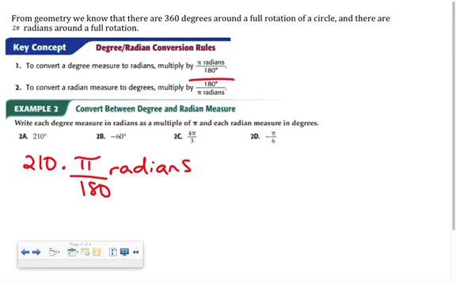That 210 over 180, please don't divide that out and get a funky decimal. Notice how radians are expressed in fractions. Get used to those fractions. They're not going away. By now, hopefully you have a scientific calculator that can help you reduce fractions if that is something you struggle with.